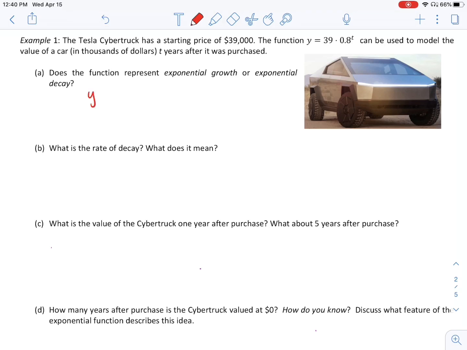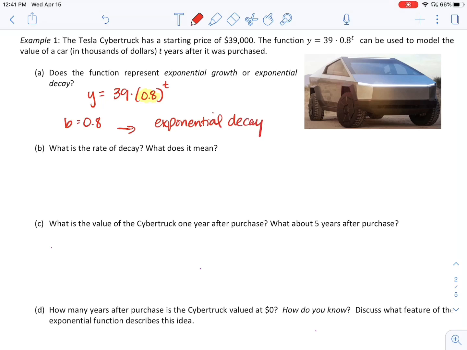Let's look at what the equation says, without even looking at the graph: 39 times 0.8 to the t. If I look at the base, I see that the base is equal to 0.8, which is between 0 and 1. Therefore, I can conclude with certainty that this graph will show exponential decay.